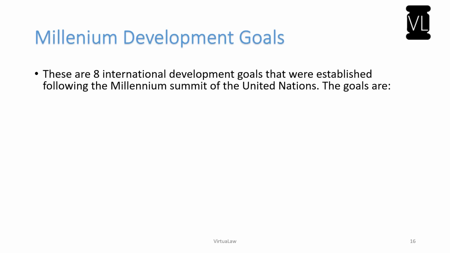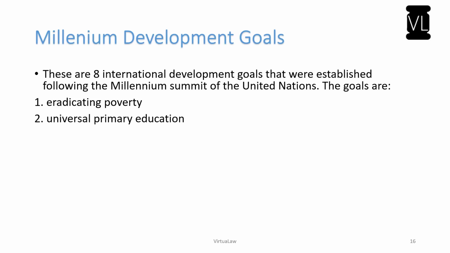So the Millennium Development Goals: the United Nations came up with 8 international development goals which they strived to achieve by 2015. Again, this is not of significance because the deadline has already passed, but it might still be tested.